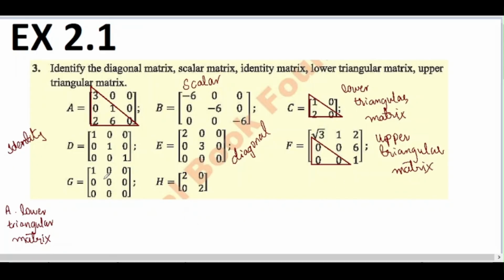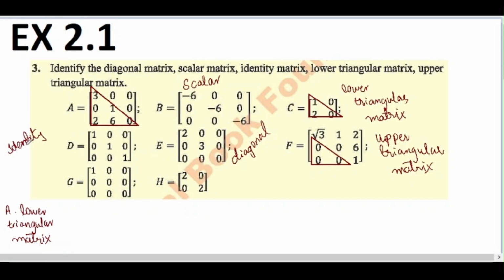For part G, there is a diagonal entry which is non-zero, and the rest of the diagonal entries are zero, and the non-diagonal entries are all zero, so you can call it a diagonal matrix. Why is it a diagonal matrix? Because in the question mark entries, these diagonal entries, there is at least one entry which is non-zero.